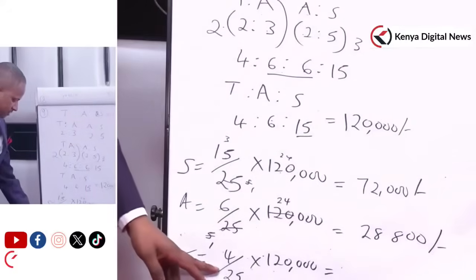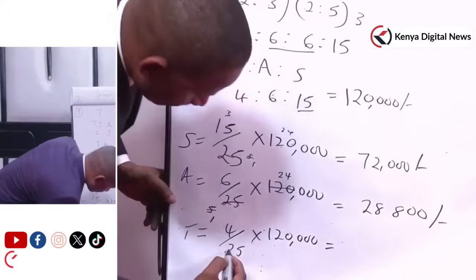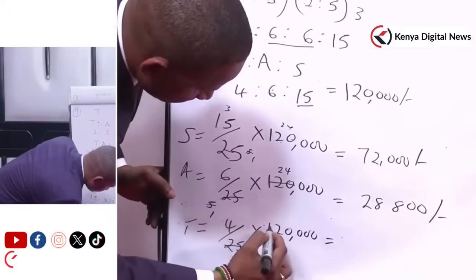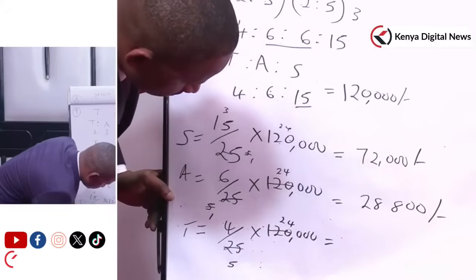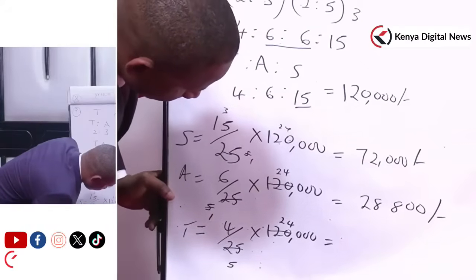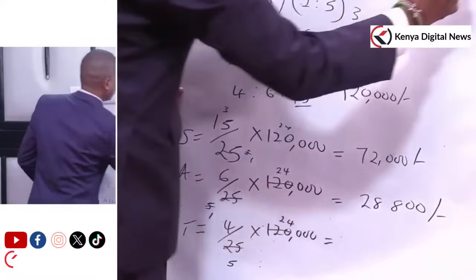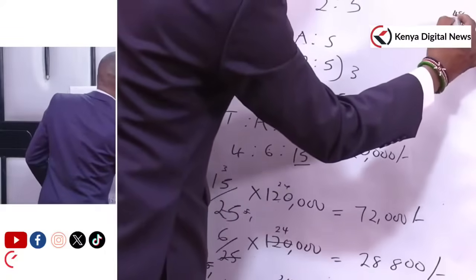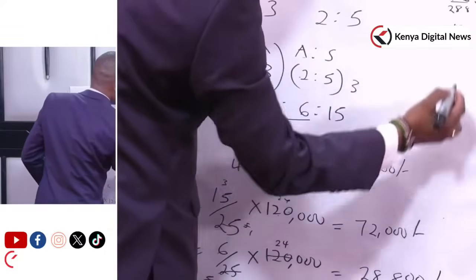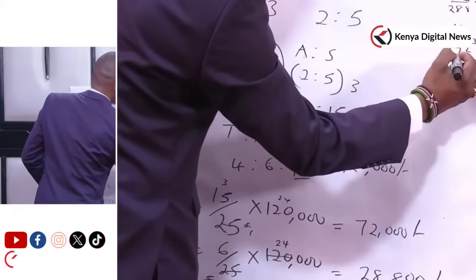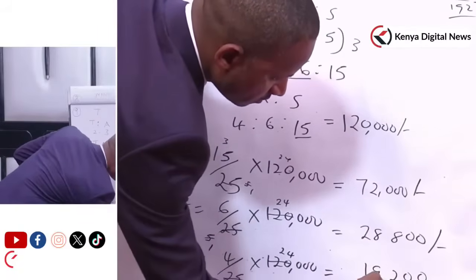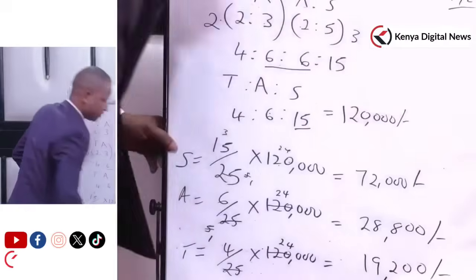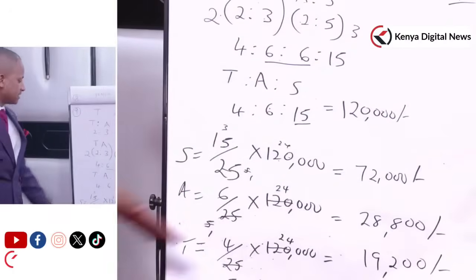And what about the last person? 5 here 5, 5 here 24. So that is 48 times 4. That is 32, carry 3, 16, 19. 19,200. So these are their contributions.